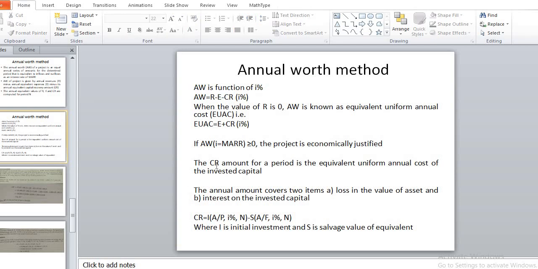The capital recovery amount for a period is equivalent to the uniform annual cost of the invested capital.